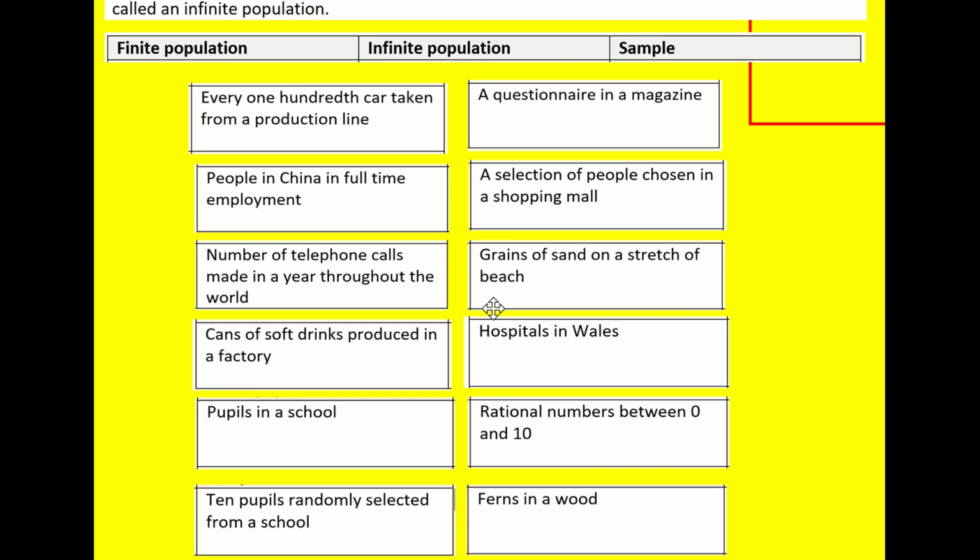Let's just remember again, a finite population means we could count it, okay? It might still take a while, all right, but we could do it. Infinite population would mean, well, it's going to take a ridiculously long time, probably not possible, or it is in fact infinite. And a sample is going to be just a little small collection of shoes, for example. Okay, give this a go. Give it your best shot now.